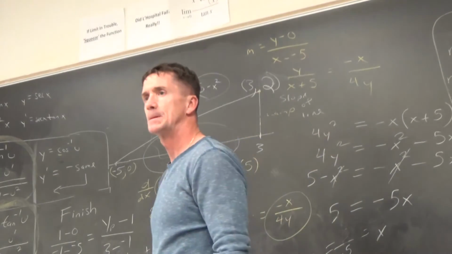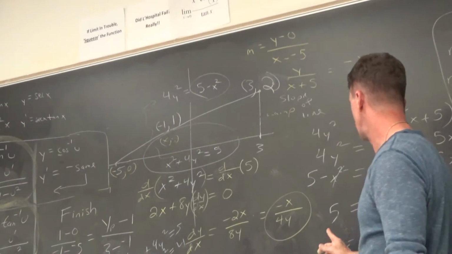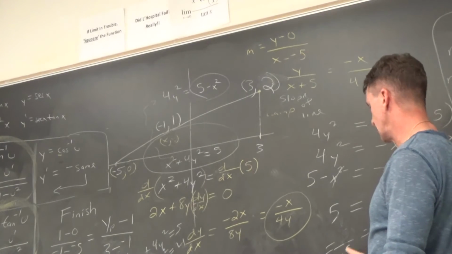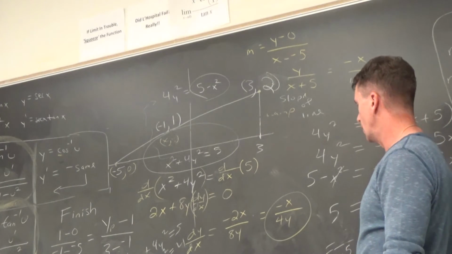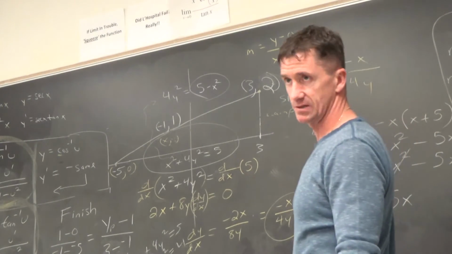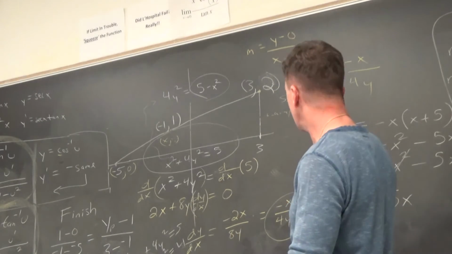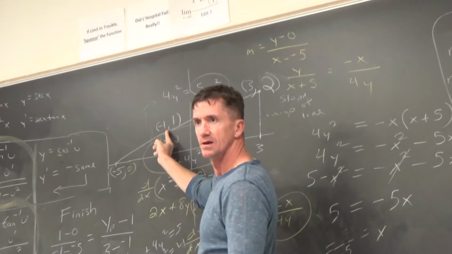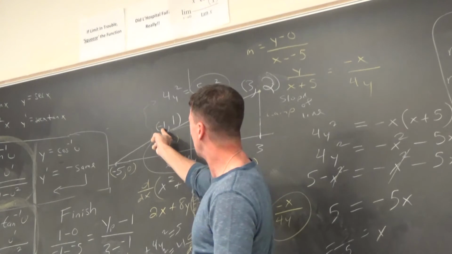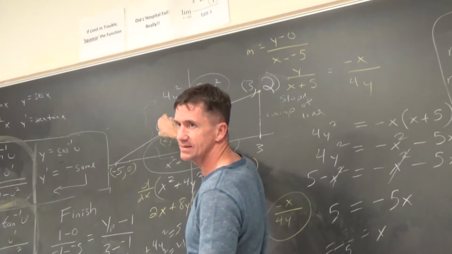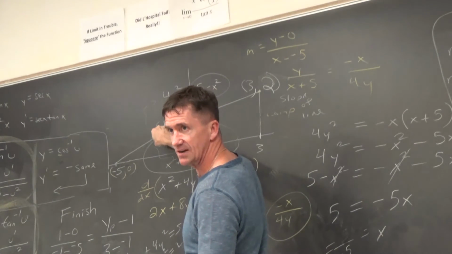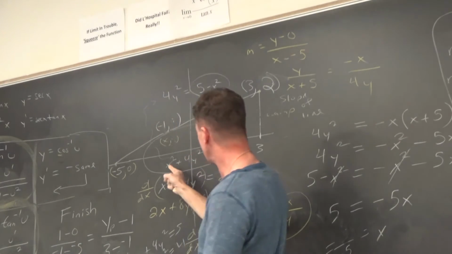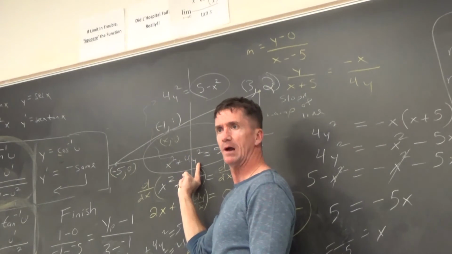Wait, I lost you. What did you do after that? After this, we got x equal to -1. Once we knew that, this problem is getting solved. I knew the point of tangency and I put it here. Once you knew that was -1, we plugged it into this equation to see what the corresponding y would be.